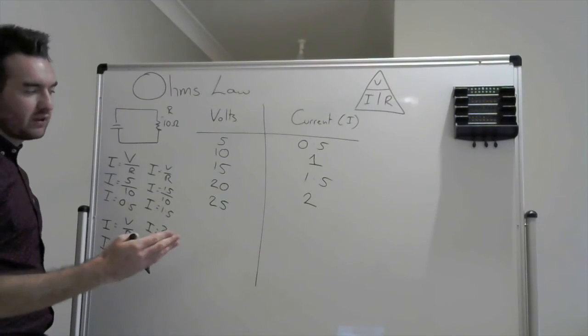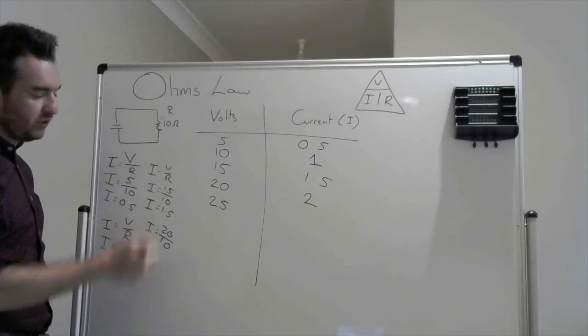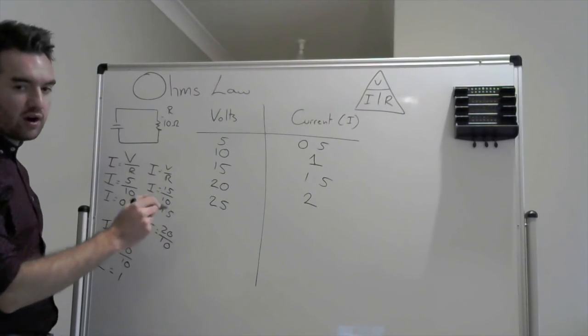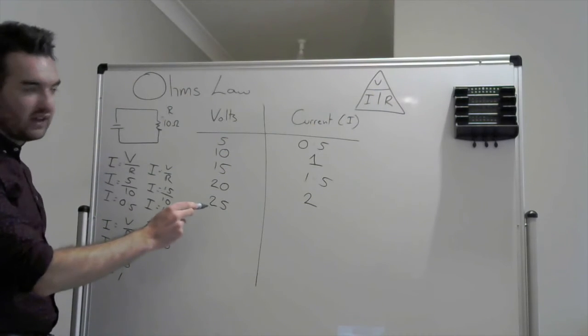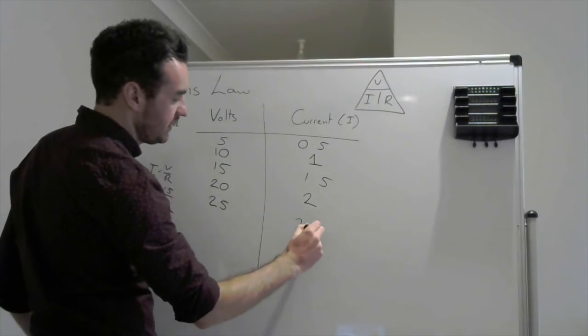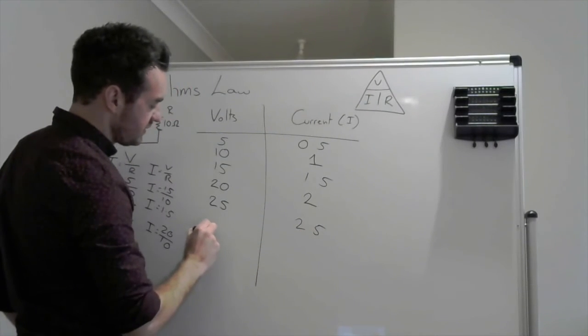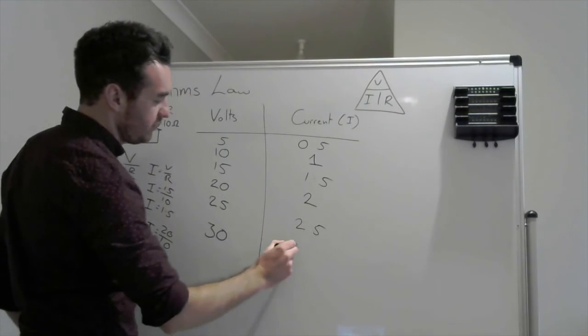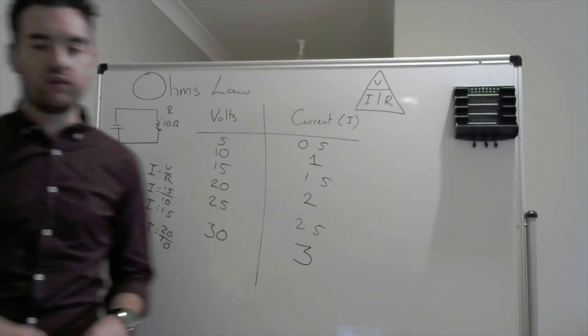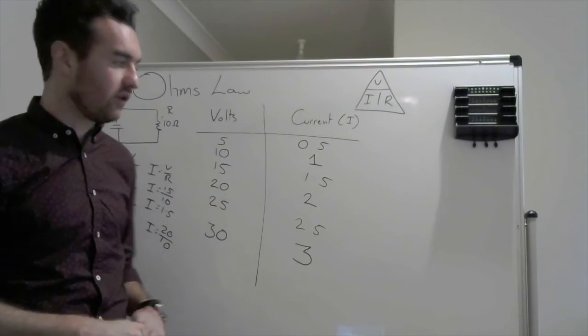Our answer, I'm hoping you can see the pattern now, but you can do the calculation. So the calculation would be I equals V over R, I equals 25 over 10, 2.5. 30 is going to be 3. Okay, so I want you to check that out and do it yourself as well. Don't just assume that I've got it correct.